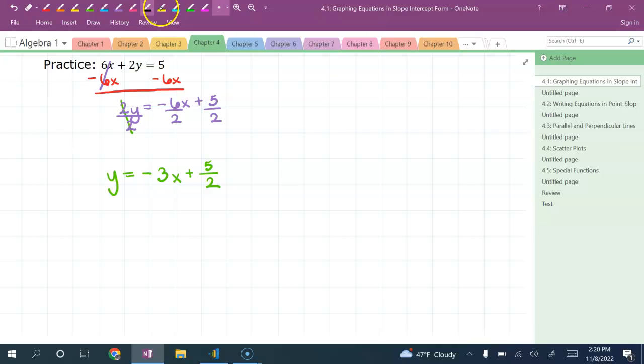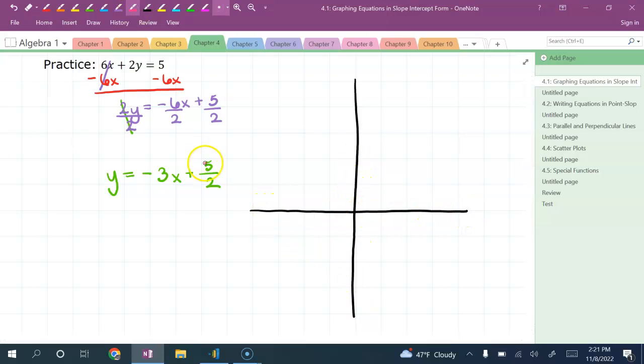Now when it came to graphing this one, your b is a fraction. So what I would have done is thought about this as a decimal just for graphing purposes to get your first starting point. So this would be the same thing as 2.5, which means that on my graph over here, I'm going to go up 2 and about a half, and I'm just going to roughly guess where I think that would be and draw my first point.